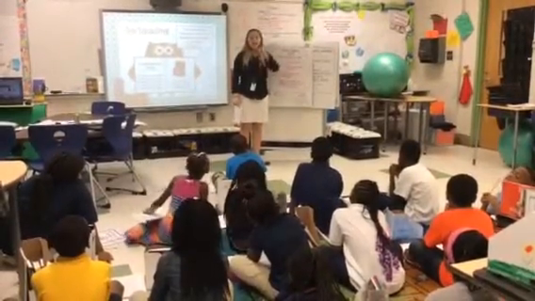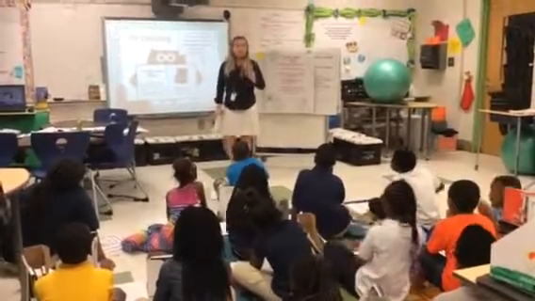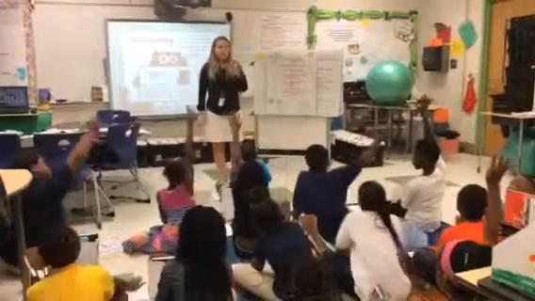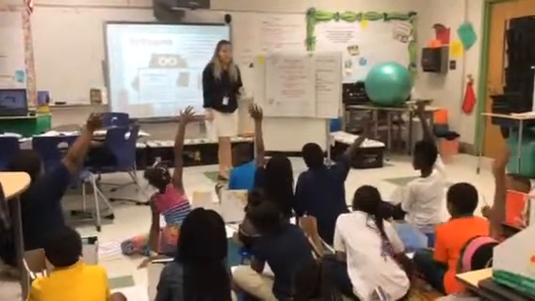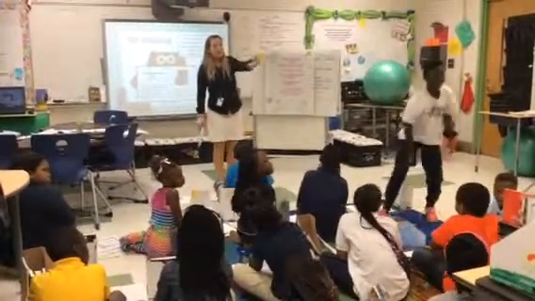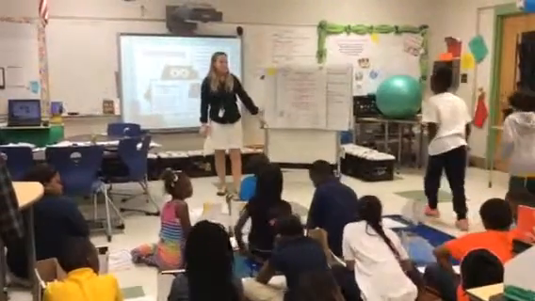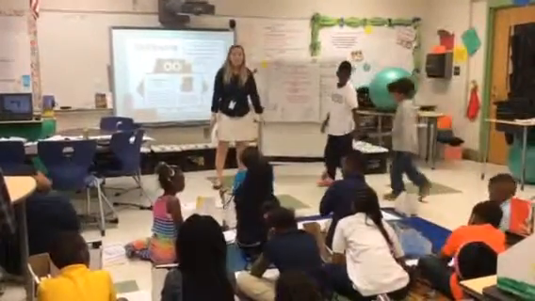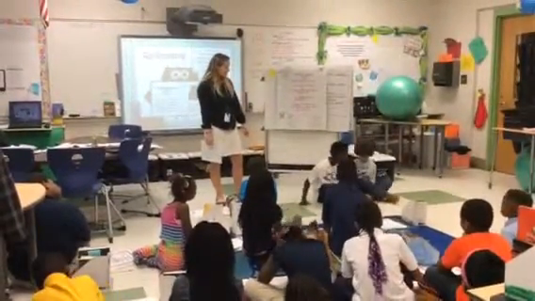Elbow to elbow, knee to knee. I want two people to model what elbow to elbow, knee to knee looks like when you're partner reading. Michael and AJ, stand up. Locate your partner. Come sit up here right in front of the class and show them how you should be seated with your partner. Let's see if they can do it correctly.